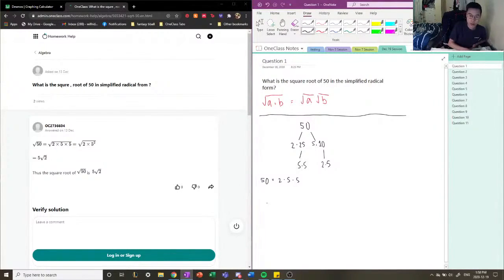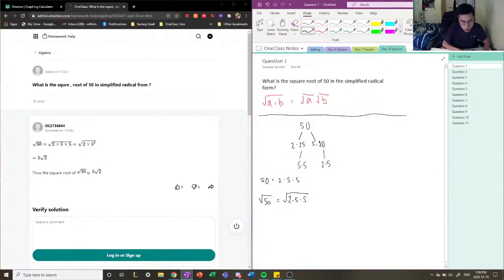So how does that help us with the square root of 50? First of all, the square root of 50 can be written as the square root of its prime factorization, which is 2 times 5 times 5.